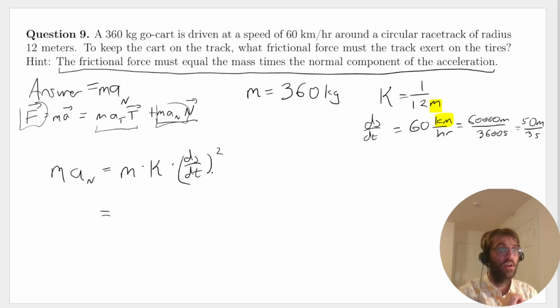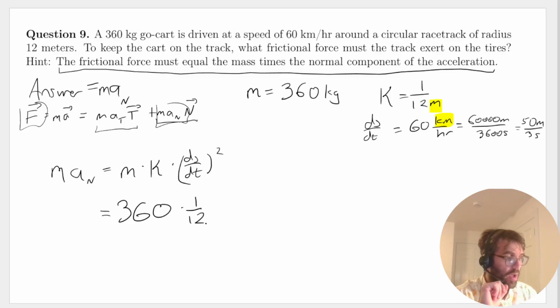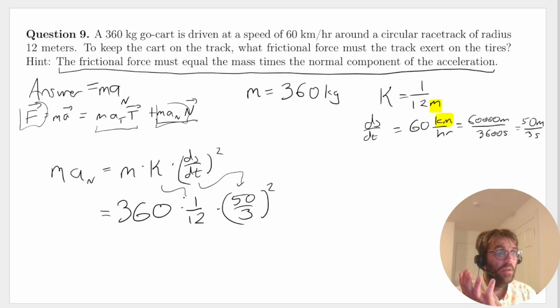That's how fast this cart is going. But once we've aligned our units into a consistent, coherent unit system, we just say, hey, M times AN, the answer, is 360 kilograms times our kappa, 1 over 12, times 50 over 3 squared. It's just the speed squared that you're going.